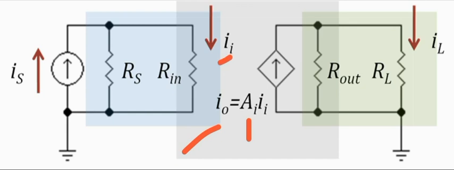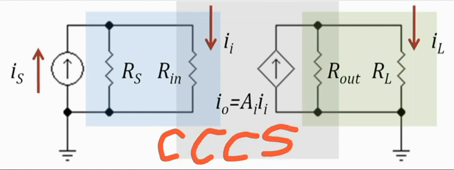So that's why we write I naught is equal to AI multiplied by II, and this current I naught is indicated by this special current source, which is called a dependent current source. It is also called a current controlled current source, CCCS. It means the output current I naught is controlled by the input current II.